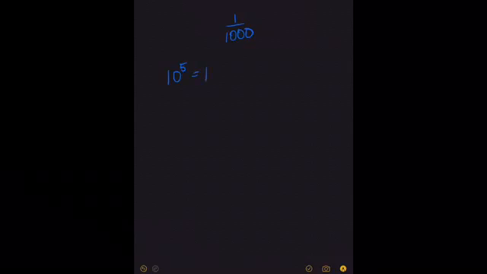So looking at the 2 examples I have there, 10 to the 5th power equals a 1 with 5 zeros, 100,000, and 10 to the negative 5th power equals the reciprocal of that, 1 over 100,000.